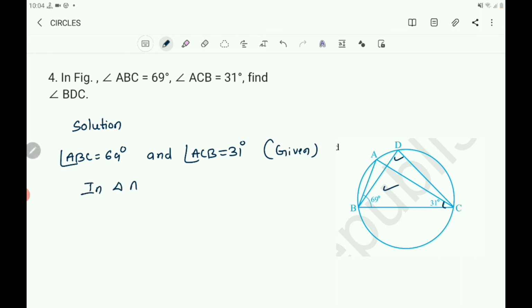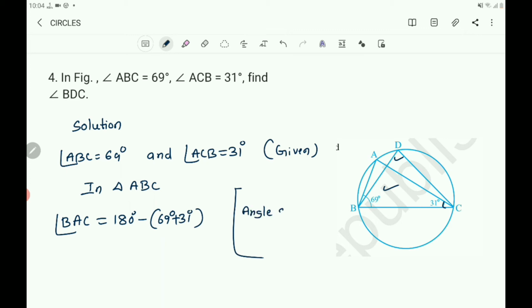In triangle ABC, angle BAC equals 180 degree minus sum of the other two angles, that is 69 degree plus 31 degree, because you know that is angle sum property of a triangle.